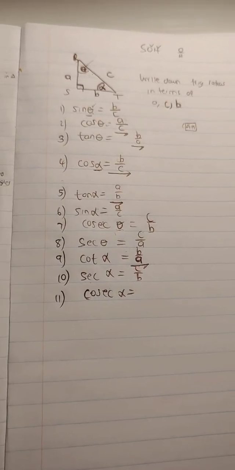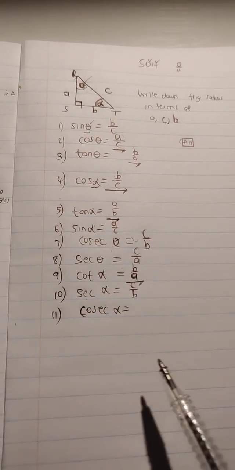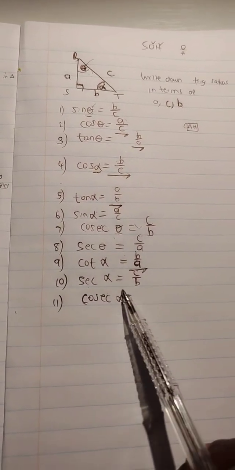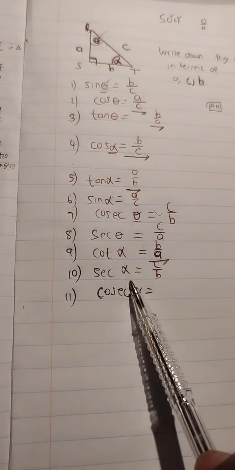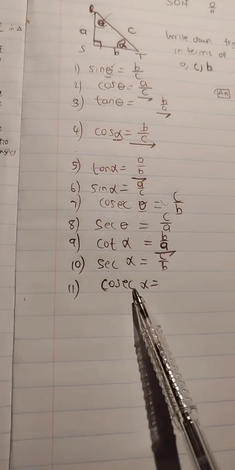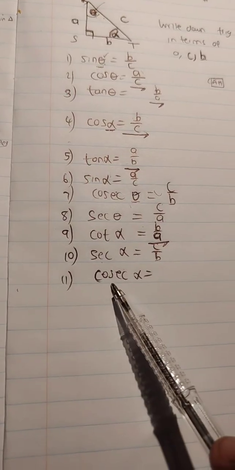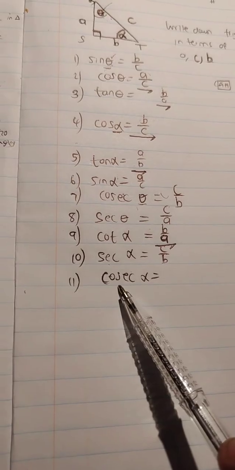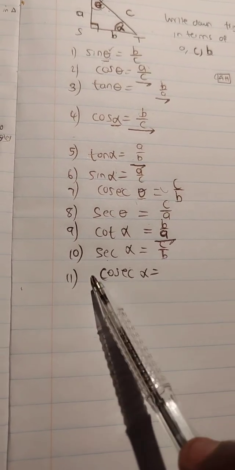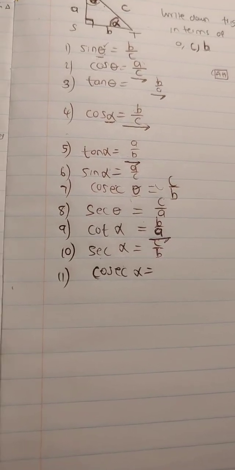Question 11. Cosec of alpha. What is cosec of alpha? So once again, where is alpha? There is alpha. What is the definition of cosec? Cosec is the inverse of sine. What is sine? Sine is opposite over hypotenuse.